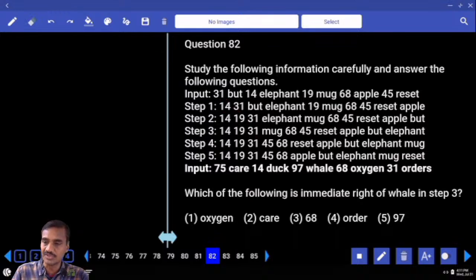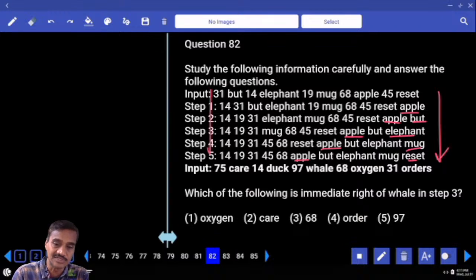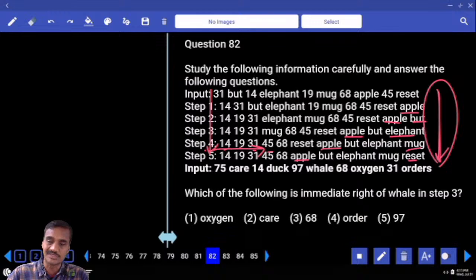And again the words, if you observe here, apple is arranged at the last place, further shifted to second from the right, third from the right, fourth from the right, fifth from the right. Then what is the next word to apple? B. And next E, M and R. Words are arranged at the last position and numbers are arranged at the first position. Numbers and next numbers are arranged at second, third and fourth, and so on. But here, every word is arranged at the last place itself.